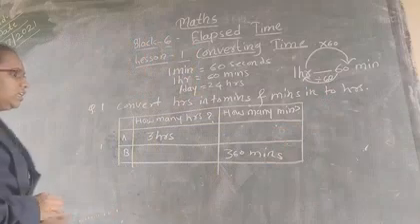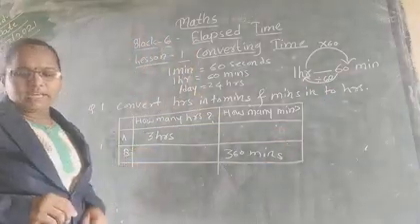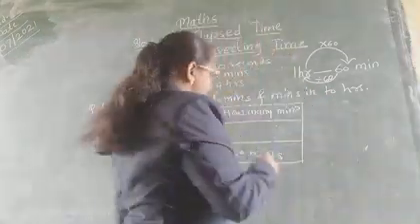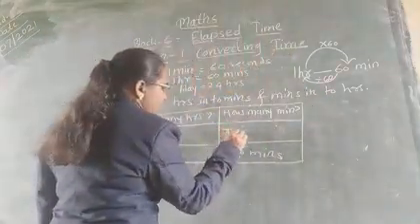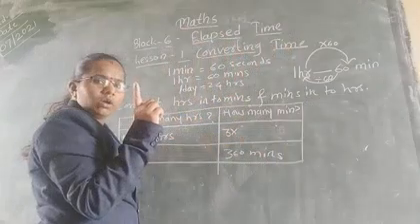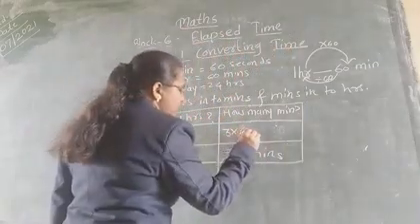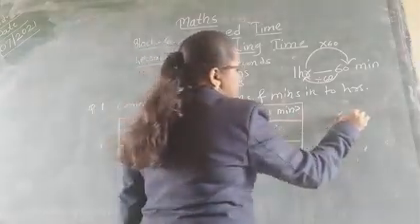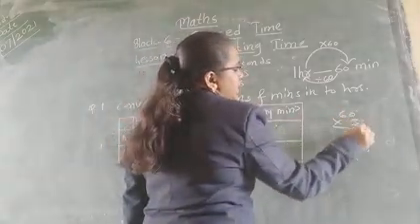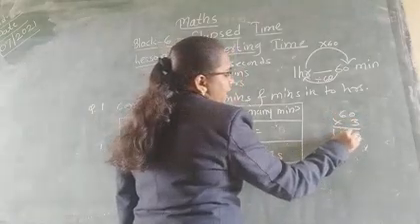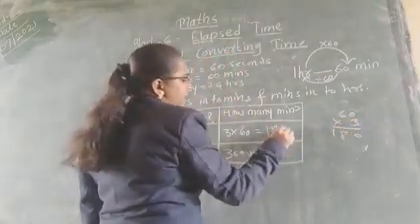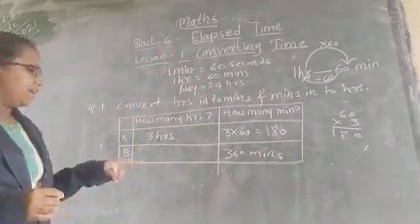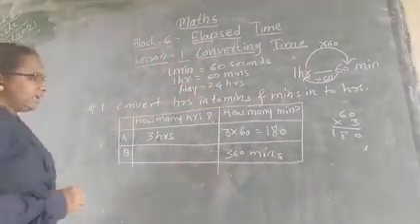See here, 3 hours. How many minutes? 3 hours is equal to 3 into 1 hour, which is 60 minutes, so we multiply by 60. 3 into 60 is 180. Understand? Very simple. Next, B, 360 minutes.